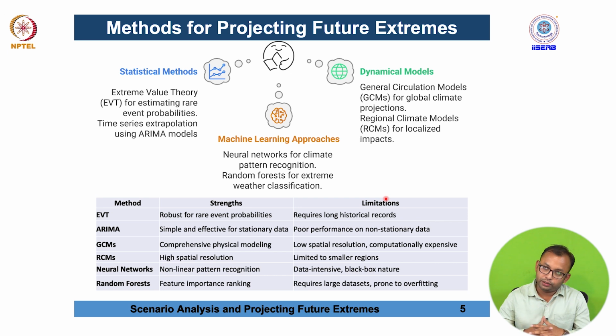Why is it important? Because we are not very sure about what is likely to happen in the future. If we are not sure about the future, then we have to define our future into different scenarios.